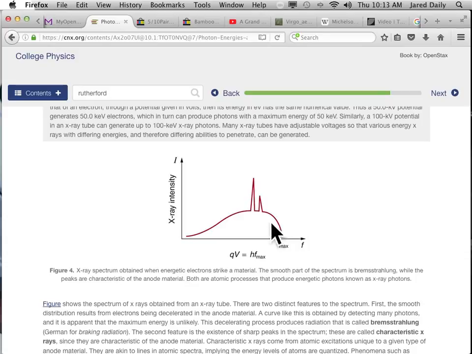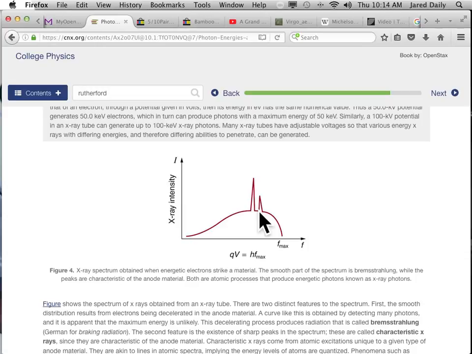And then you have these two peaks here, and sometimes it's 2 peaks, sometimes it's 4, sometimes it's 7, depending on the metal. These peaks are from electrons that were kicked out of their orbits by the incoming electrons hammering the anode. They were kicked out of their orbit into some other orbit, and then all the other electrons kind of fell down into those orbits and released these X-rays.